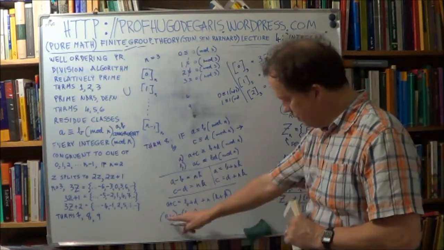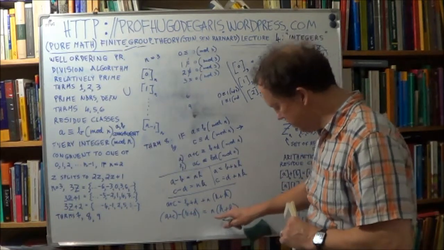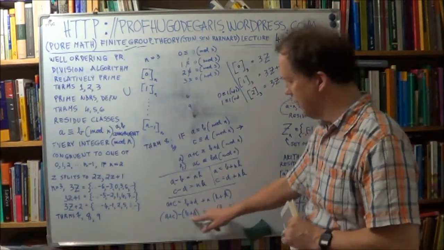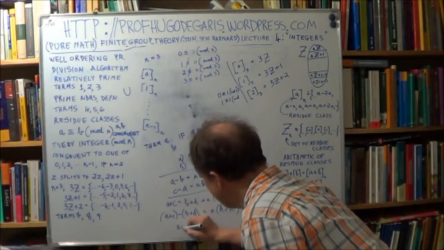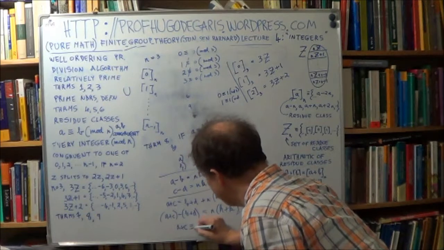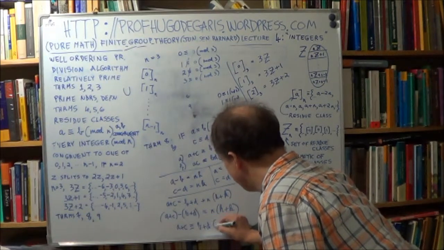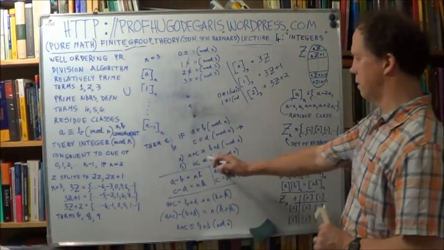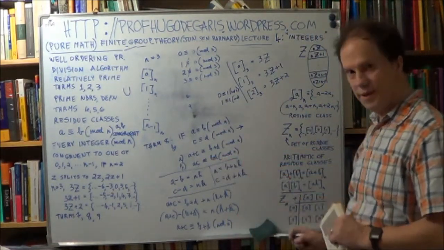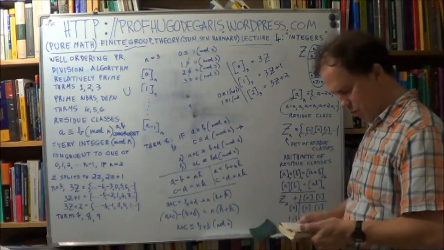Why? Because N divides into the difference. So you've now proven that A plus C is congruent to B plus D mod N. Now, I won't do the product case, it's pretty easy. It's somewhat similar to this, so I'll leave that as a homework exercise.